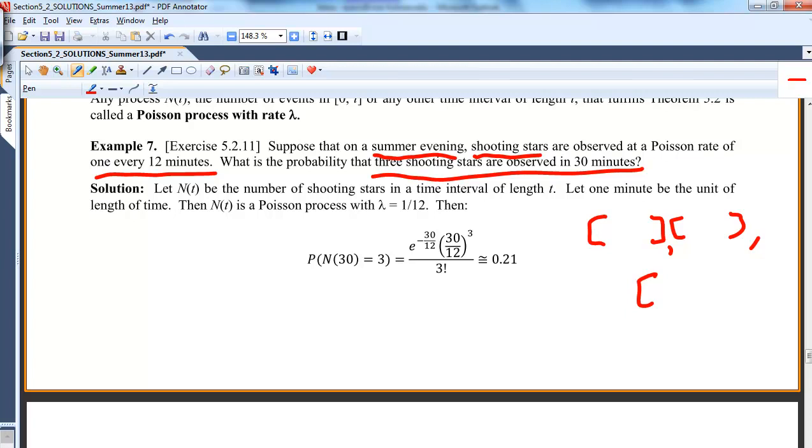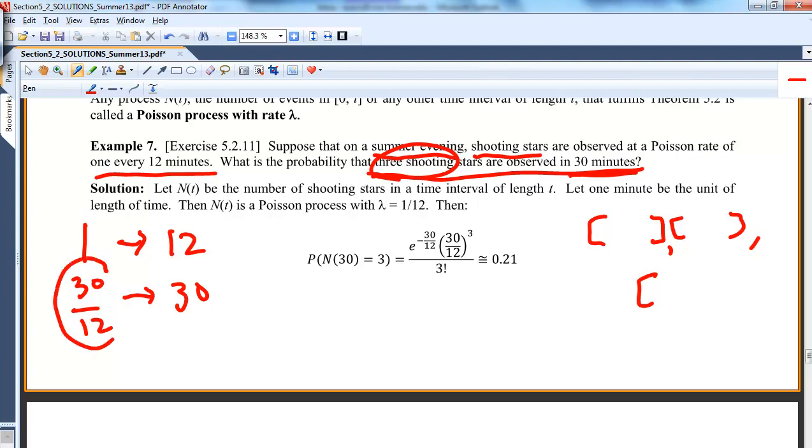I usually see 1 every 12 minutes, so every 30 minutes I should see 30/12 shooting stars. If I see 1 every 12 minutes, 2 times is 24 minutes, so I should see not quite 3 but more than 2, so on average I should see 30/12 per every 30 minutes.